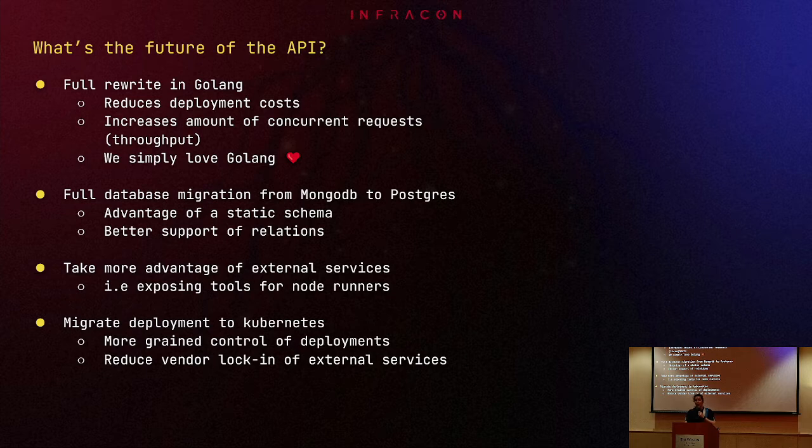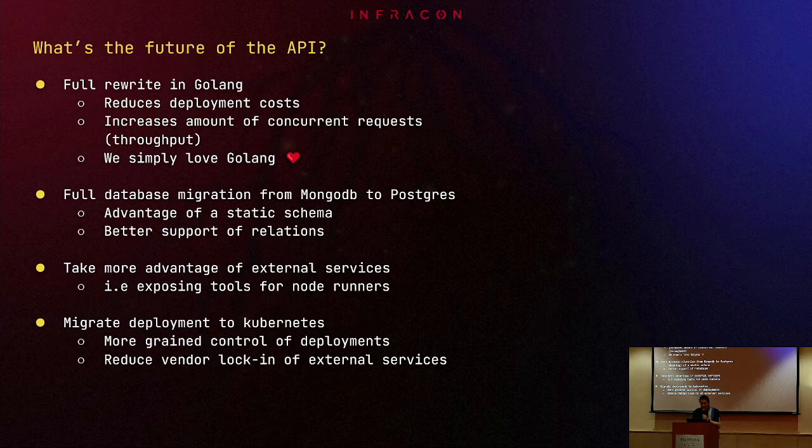To start, our most ambitious project at the moment is the full rewrite of the Portal API from JavaScript or TypeScript to Golang. That is coming for a plethora of reasons. One of the main ones is that we want to take advantage of our internal team's expertise to use Golang whenever possible. But in this specific case, one of the advantages is that we're going to reduce deployment costs, as we're going to need fewer instances to perform the relays for the same amount of traffic.